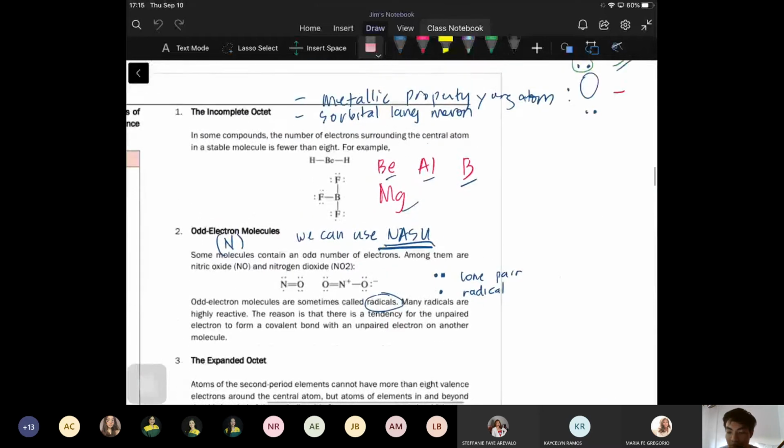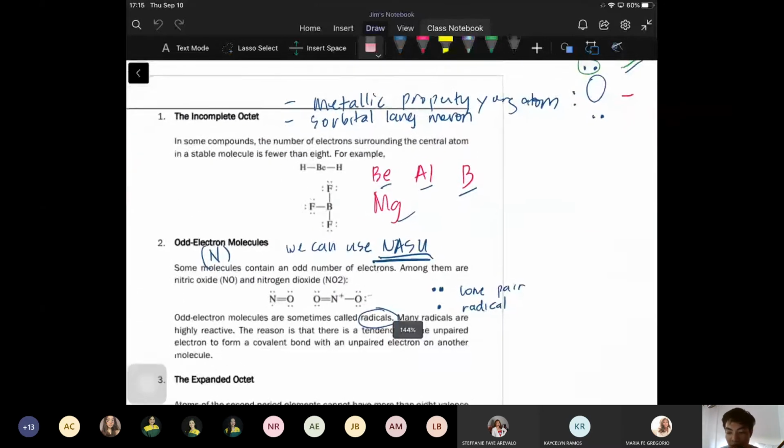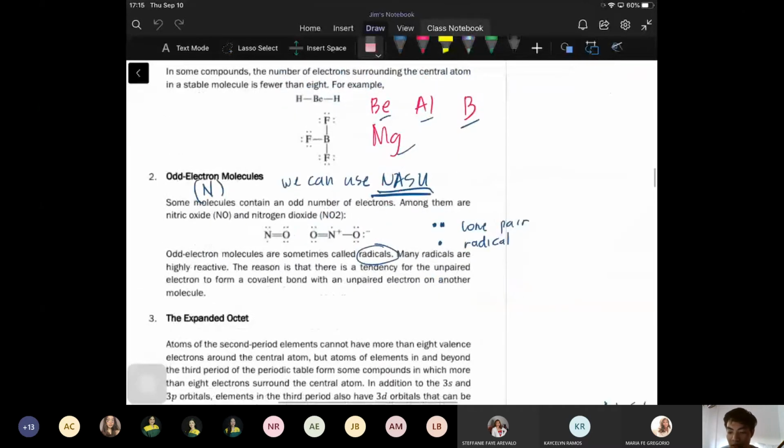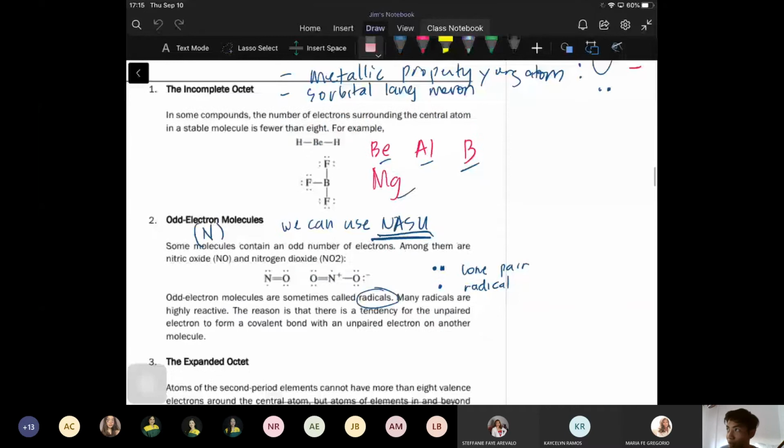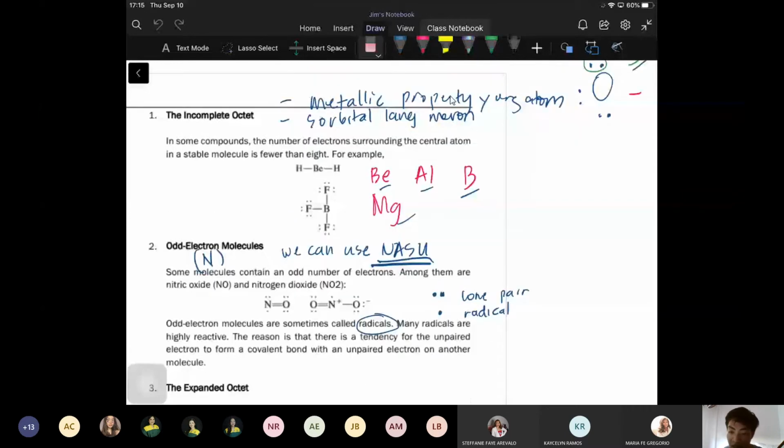So, again, we have incomplete octet. When we say incomplete octet, you have atoms with s orbital only, or your atom has a metallic property, especially yung mga metalloids such as boron and silicon, so on and so forth.